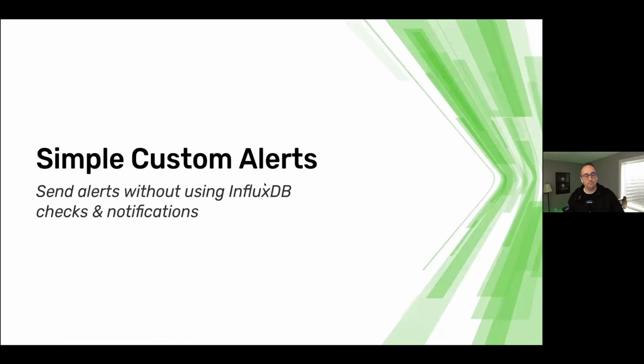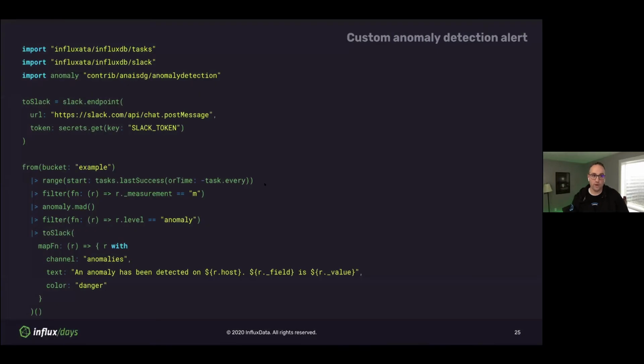So again, InfluxDB provides this really robust monitoring system and APIs to interact with it, but there's actually a way to create just really simple custom alerts using the task engine. So here I have a custom alert, and I know Anais has already gotten a big shout out in the presentations today, but I'm going to give her another one because Anais is awesome.